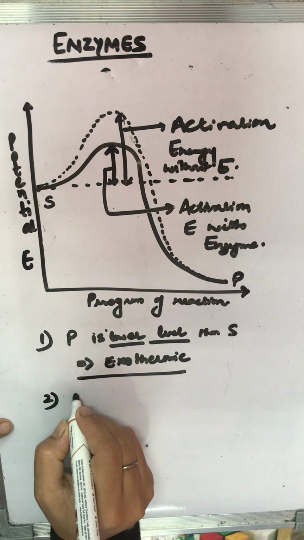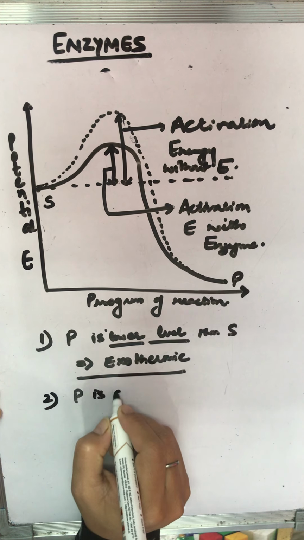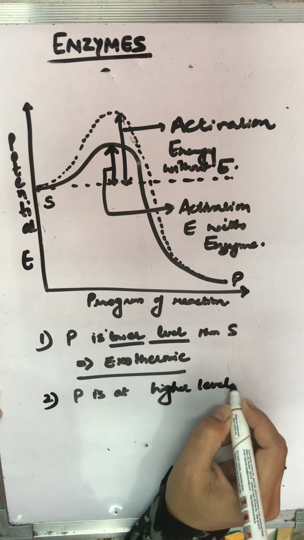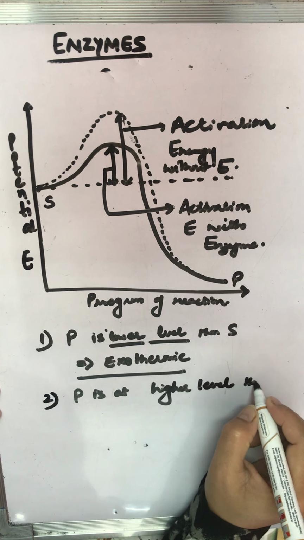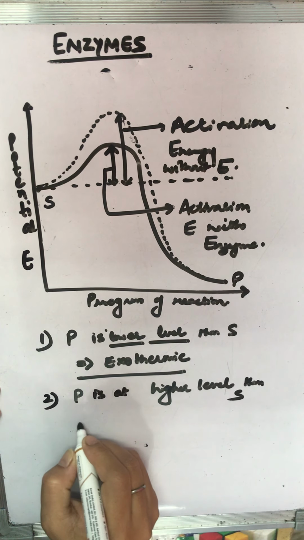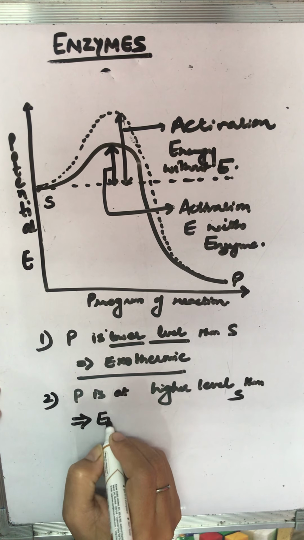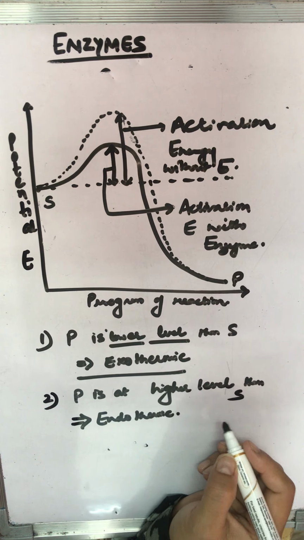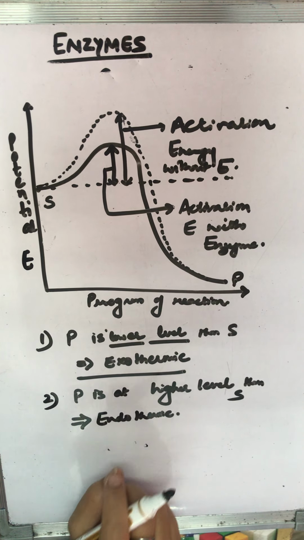If P is at a higher level compared to S, then the reaction is endothermic. It means it needs external supply of energy.